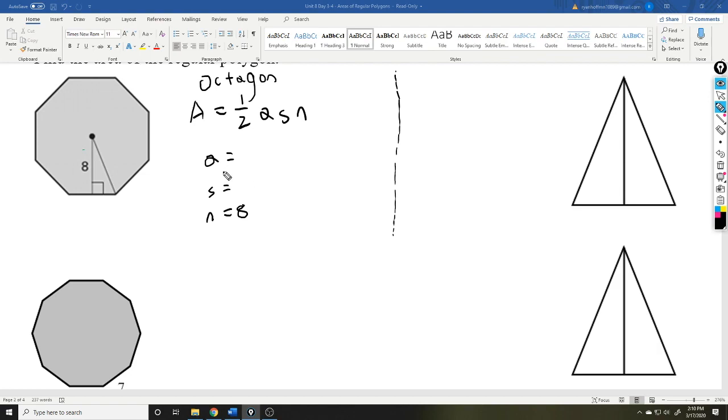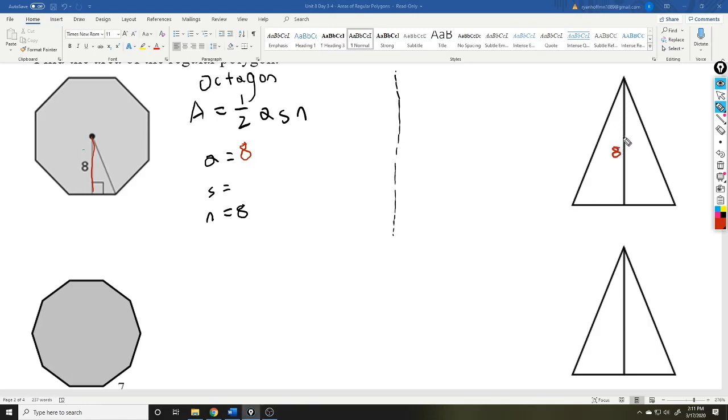And we have another piece here. This already is my apothem, so it has to be 8. So we just need the side length, and to do that, we're going to go over here to do some work with the triangle. Now, we already have this apothem, the height, being 8.